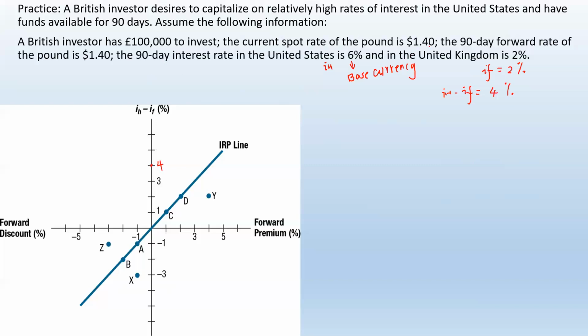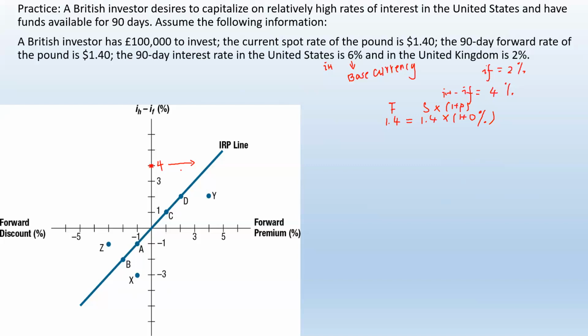Because the spot rate equals the forward rate, the premium P equals 0. This is F equals S times 1 plus P, times 1 plus 0%.